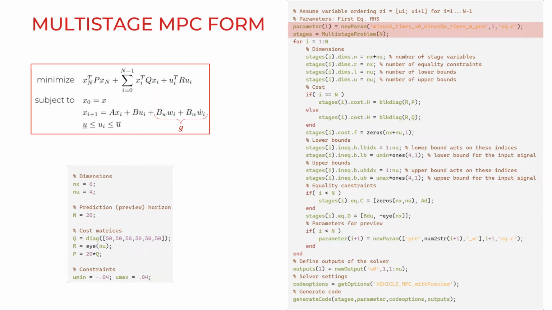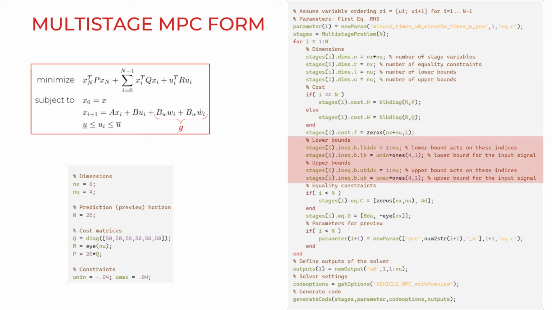We first define the multistage problem with N equals 20 stages for the whole prediction and preview horizon. Then, for each stage, we define problem dimensions comprising the number of stage variables, equality constraints, and lower and upper bound decision variables. Next, we define the quadratic and linear stage cost terms in the objective, with the linear term being set to 0.